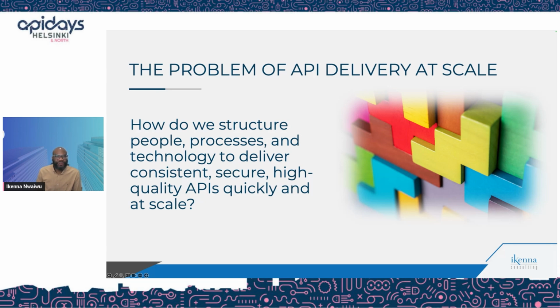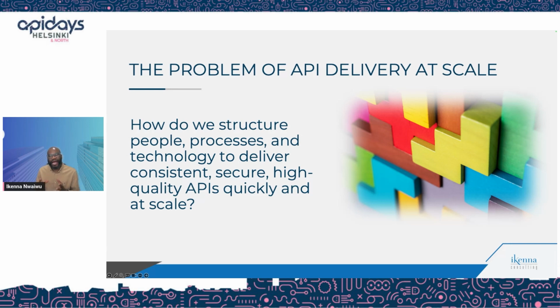So how do we really bring together all the different bits in an enterprise, a typical large organization? How do we put together the people, processes, technology, as we usually say, but every other thing that we need to make sure that when it comes to API, what we're delivering is high quality, is well documented, is secure.